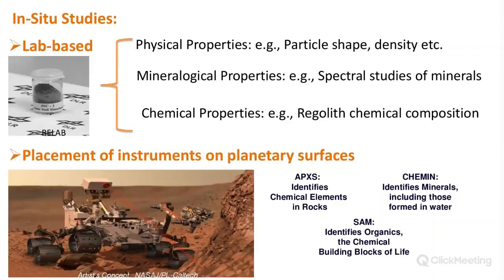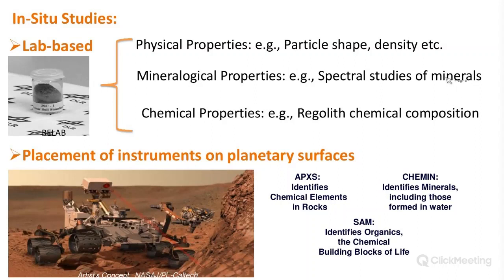Once we have these meteorites in the lab, we can do a lot of things. We can study their physical properties, for example, particle shape, density, etc. We can study mineralogical properties, that is, the spectral studies of minerals, because each mineral forms at a different temperature and pressure.